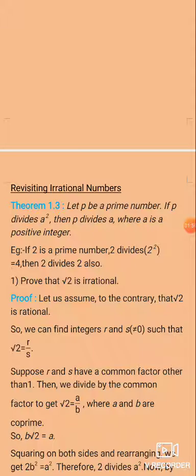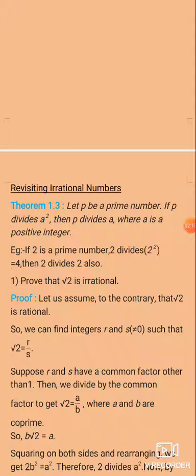Suppose we can take the example. If 2 is a prime number, 2 divides 2 square. Instead of 2 square, you can put 4 also. So 2 divides 2 square means when you divide 2 square, which is 4, by 2, you get the remainder as 0. That is 2 divides 2 square.